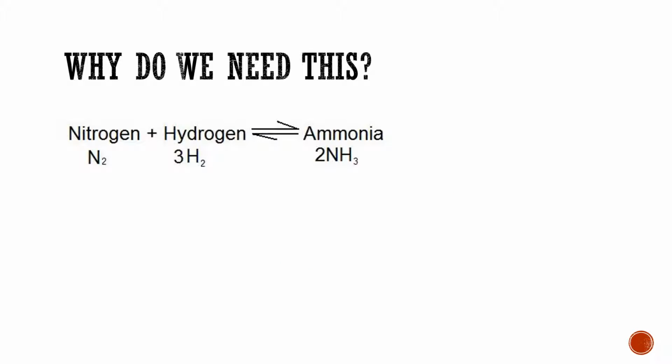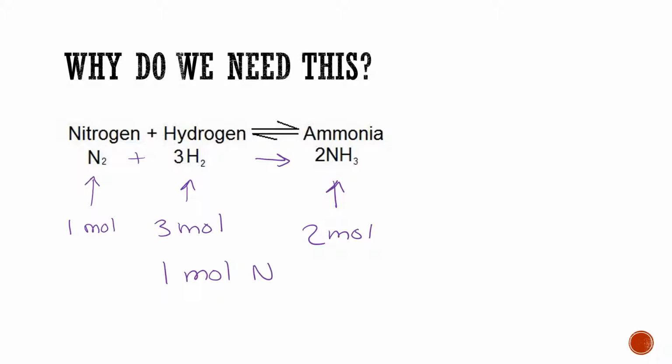For chemistry, if we have nitrogen plus hydrogen making ammonia, so N2 plus 3 H2 molecules gives us 2 ammonia molecules, we know that if 1 mole and 3 moles make 2 moles. And so for every 1 mole of N2, we get 2 moles of NH3.